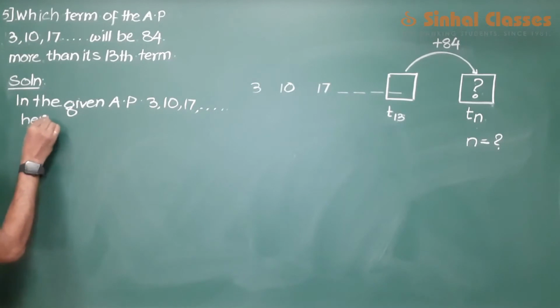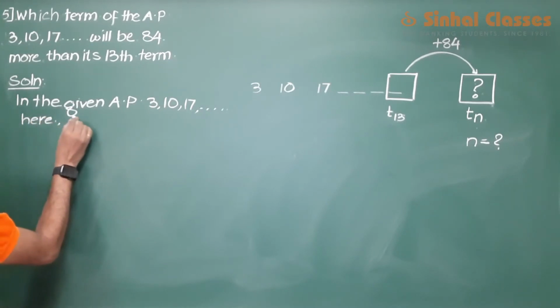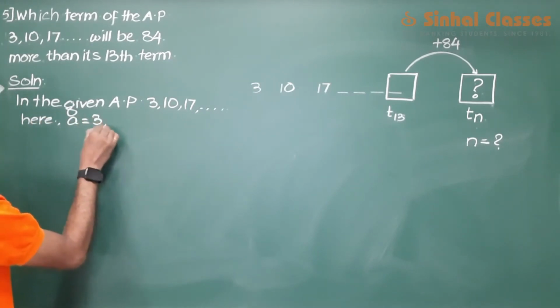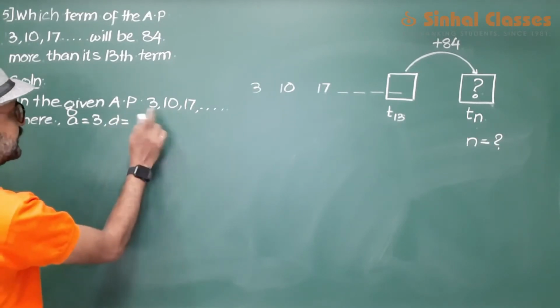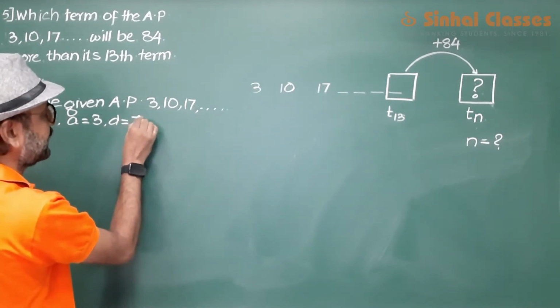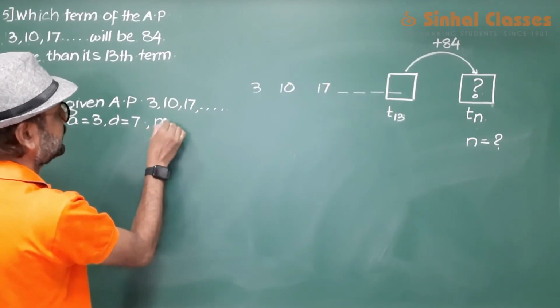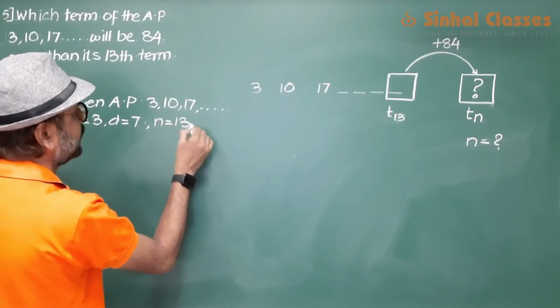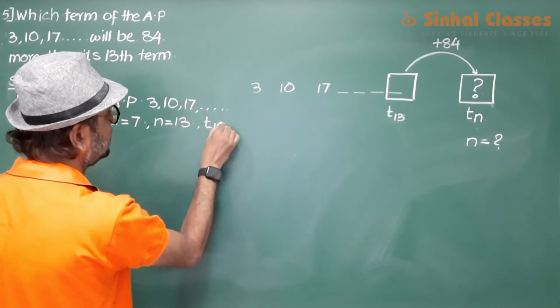So here A is 3, difference is 10 minus 3. The 13th term, this is what you're going to find out. So let us find out T13.